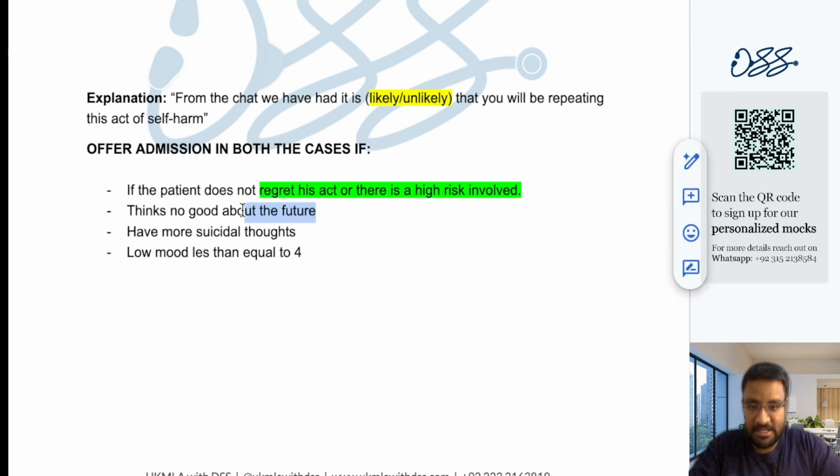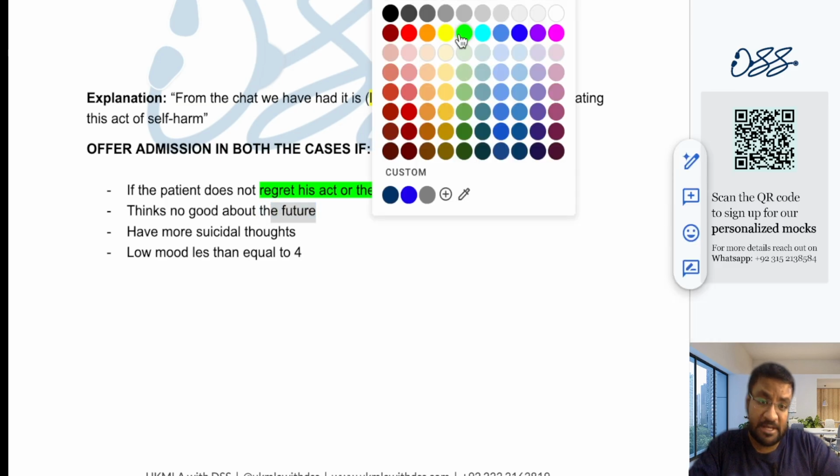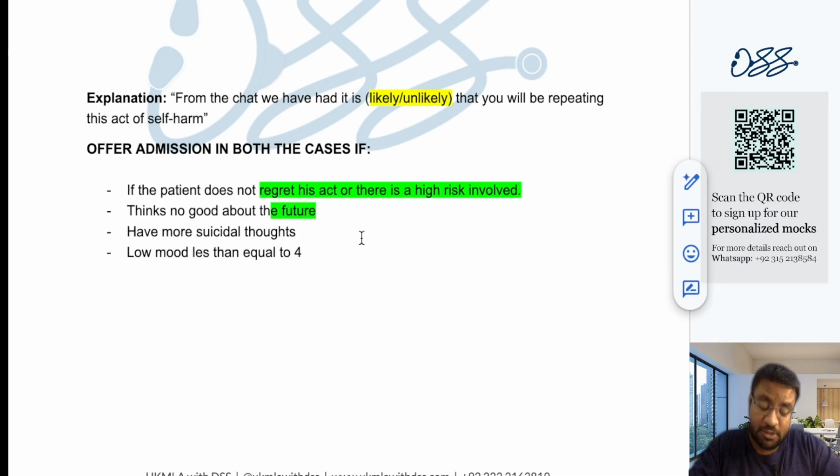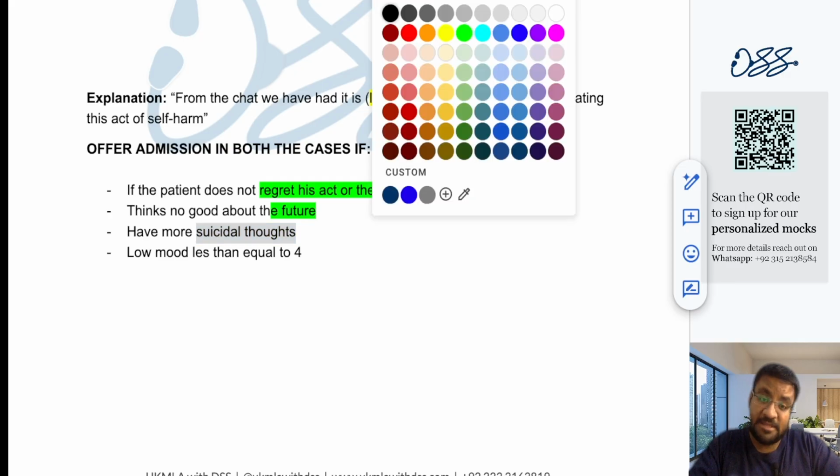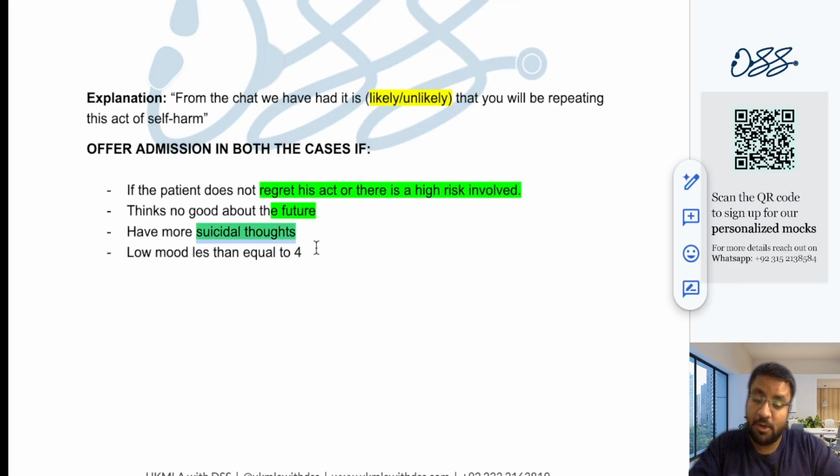So always admit the patient. Then if the patient is having more suicidal thoughts, that yeah doctor, I still have the thought of harming myself, then you have to admit the patient. And if the patient has a mood of less than or equal to 4, it is very, very important that you admit the patient.